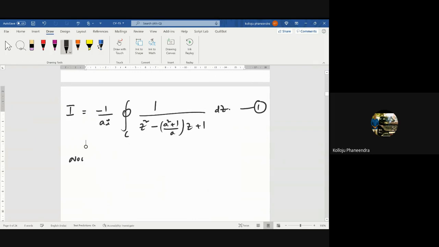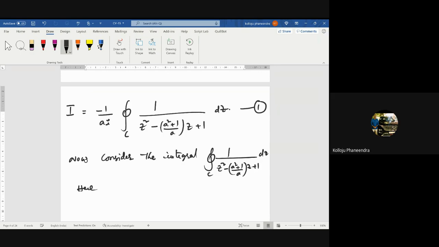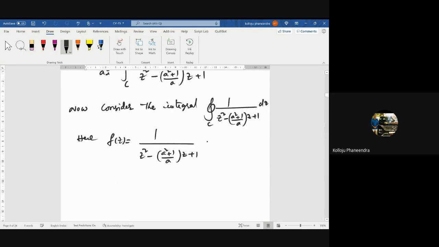Now consider the integral over c of 1 by z square minus a square plus 1 by a into z plus 1 dz. If any corrections are there, suggest me immediately. Here f of z is 1 by z square minus a square plus 1 by a into z plus 1.